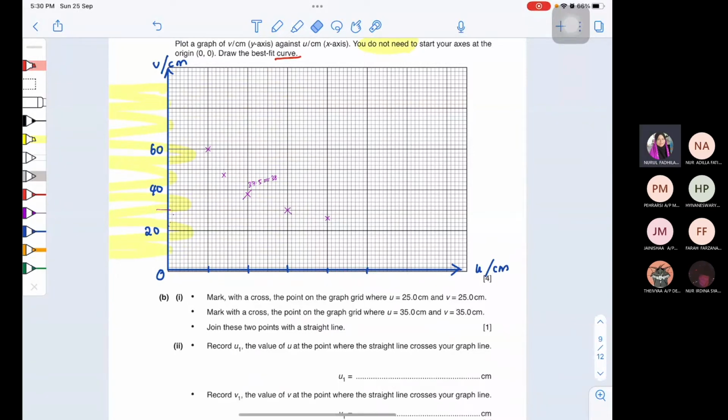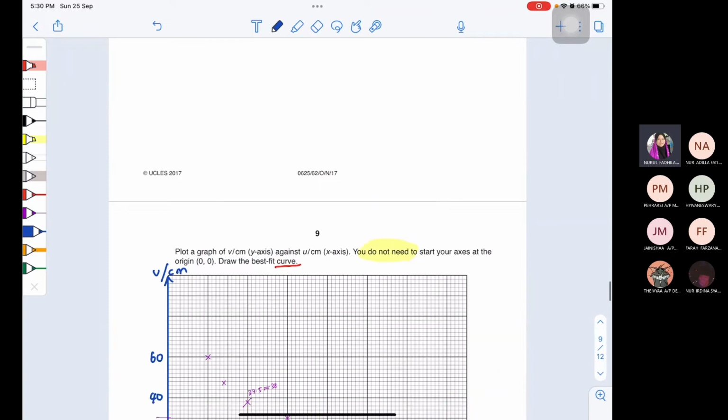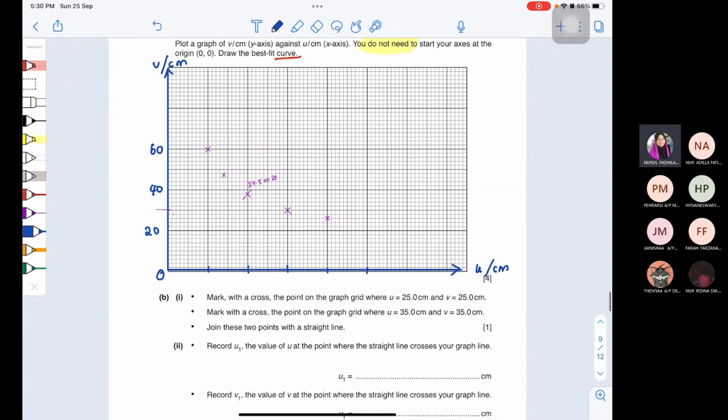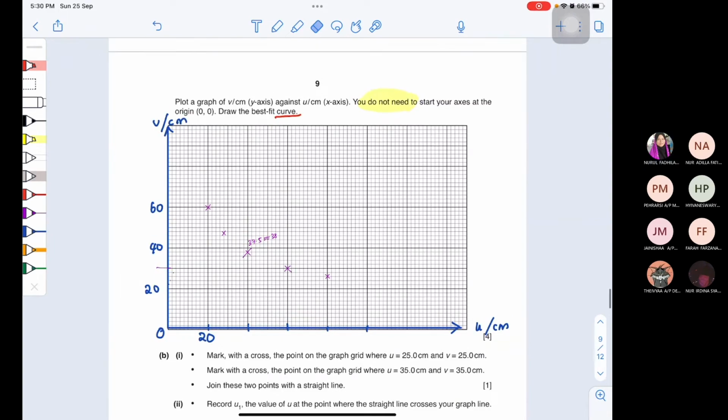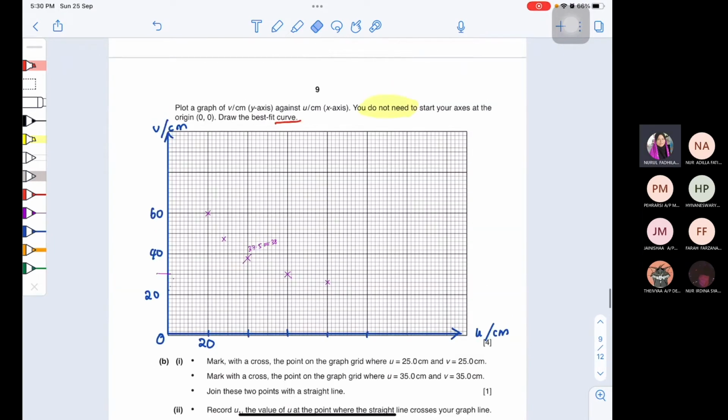So dalam exam you slowly buat, jangan panic, and then you write the values here. Tadi we started dekat mana, 20 kan. Jadi sini 20. Berapa tadi kita buat? 20, 30. So banyak kan ni, 20.